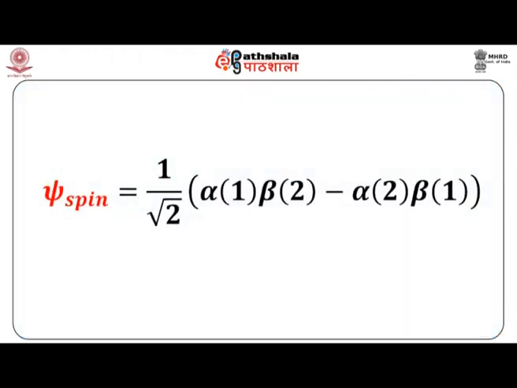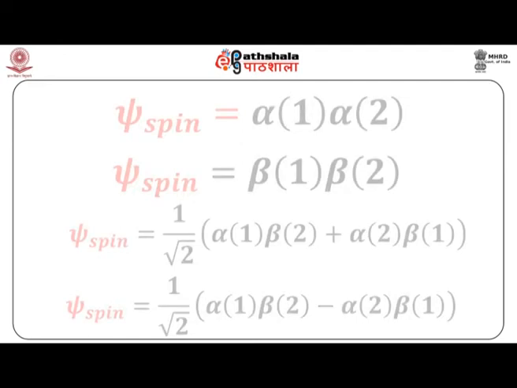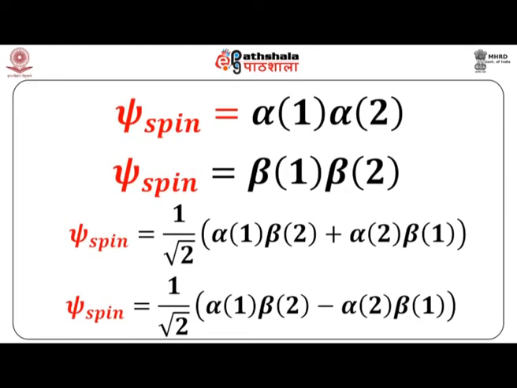On the other hand, we can have another combination, as given here: 1 upon root 2 times alpha 1 beta 2 minus alpha 2 beta 1. But since there is a minus, if you now interchange electron 1 and 2, it becomes antisymmetric. So, for two electrons, we have four combinations.